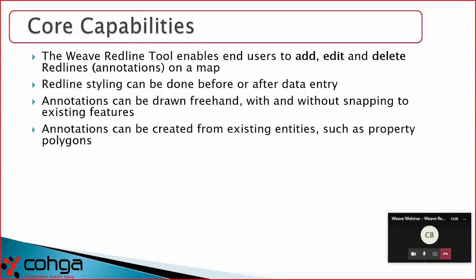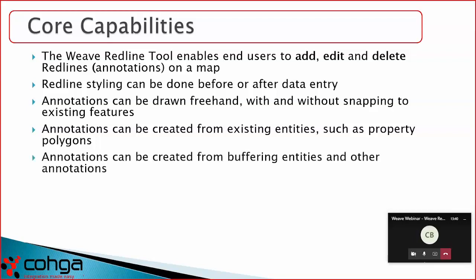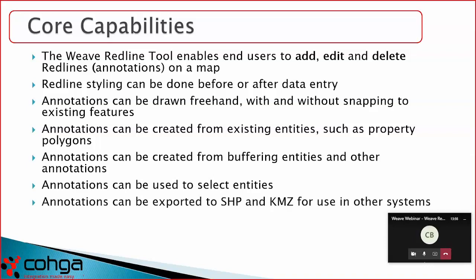They can be created from existing entities, for example, property polygons. They can be created from buffering entities and other annotations, and I'll demonstrate these. They can even be used to select entities in your underlying database for interrogation purposes. They can be exported to shapefiles or KML for use in other systems.